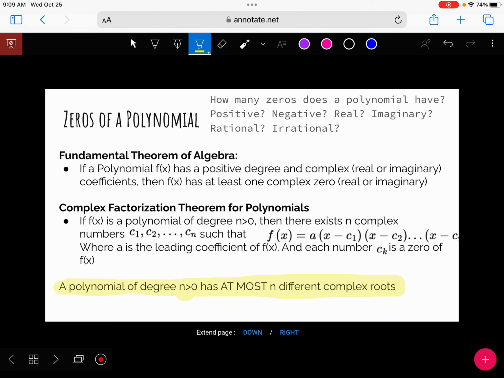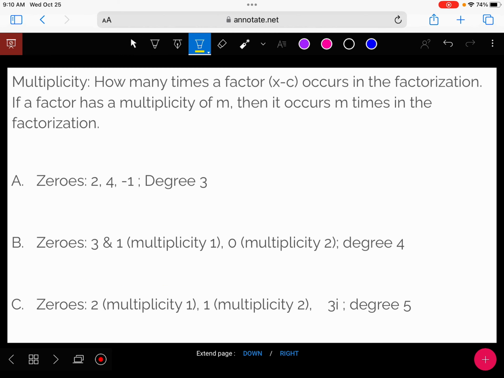Okay. So we're going to be working with zeros and roots and that kind of stuff. But again, that last sentence is the kind of big sum up of the whole page. This sentence at the top, you kind of want to have.